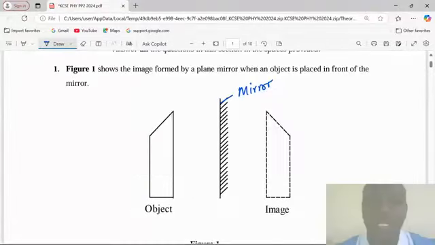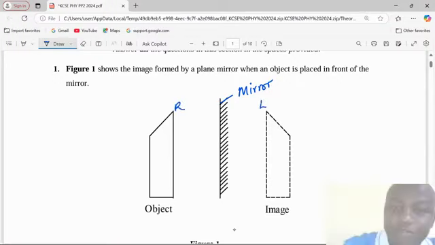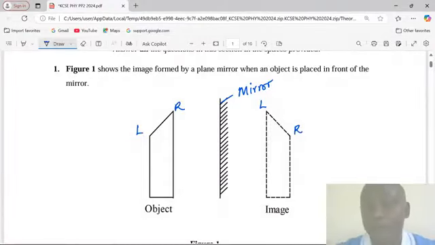So those two are already given. From the diagram, you discover that whatever is on the right here now becomes the left, and whatever is left here now goes to the right, after reflection in a mirror.